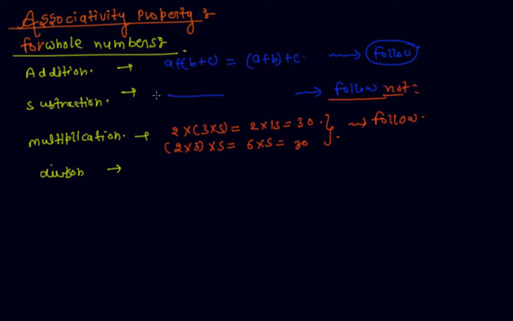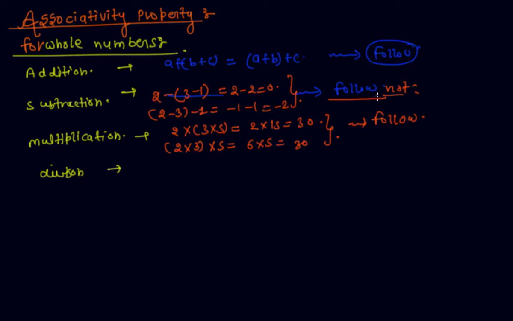If I take the example 2 minus (3 minus 1), the answer is 2 minus 2 equal to 0. And in the case of (2 minus 3) minus 1, it is minus 1 minus 1, so the answer is minus 2. So both answers are different.